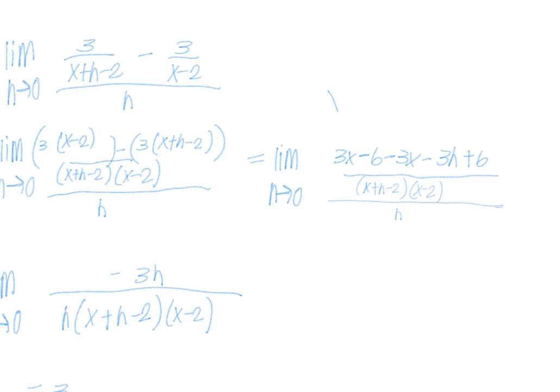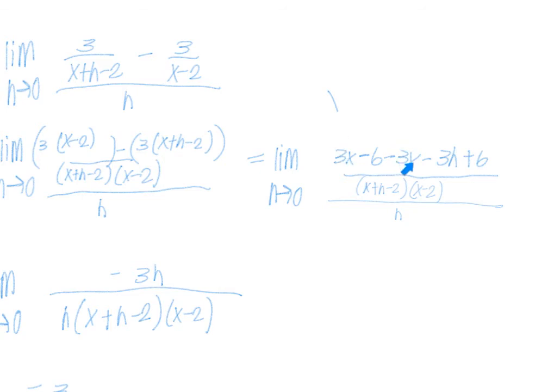So in this step, you can see where I've distributed the 3 and the negative 3, and got 3x minus 6 minus 3x minus 3h plus 6. Be careful with the distribution of the negative. Anyway, from my next step down here, in the numerator, I combined like terms.